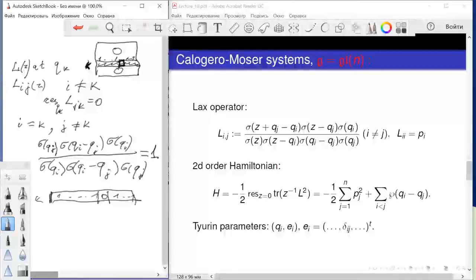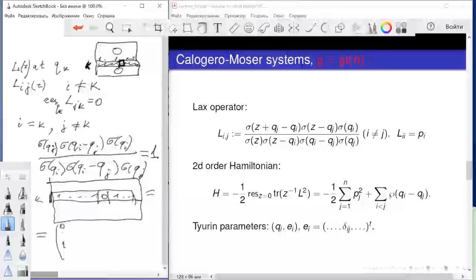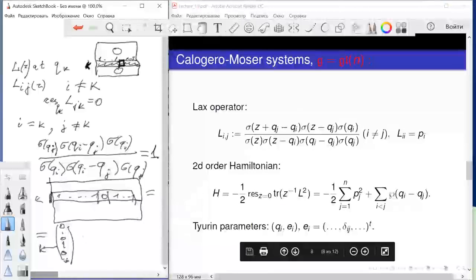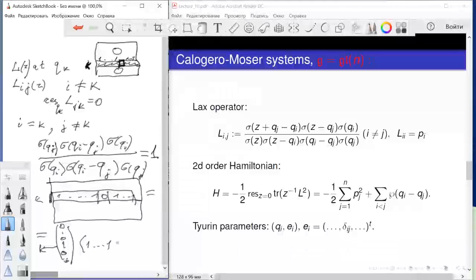And such a matrix is exactly equal to 1 at the K-th place by this one.